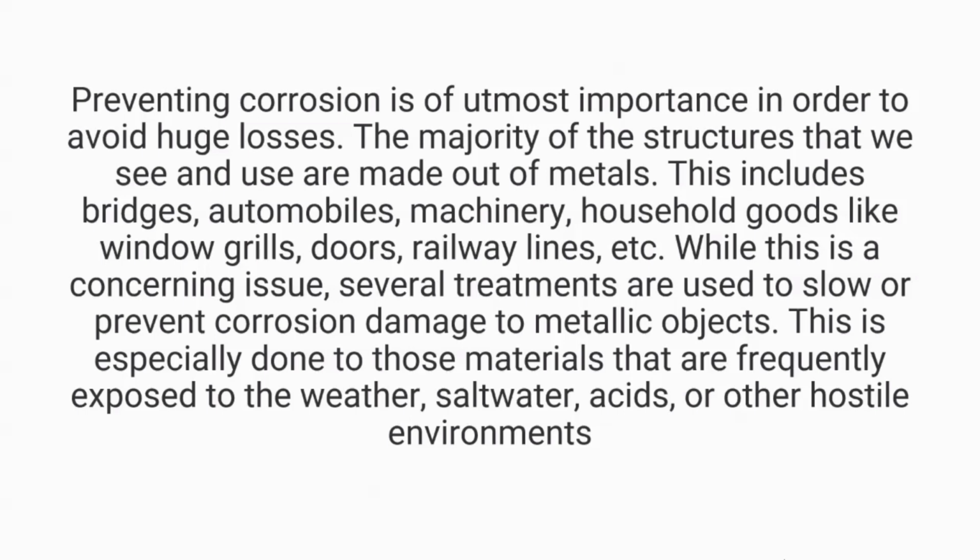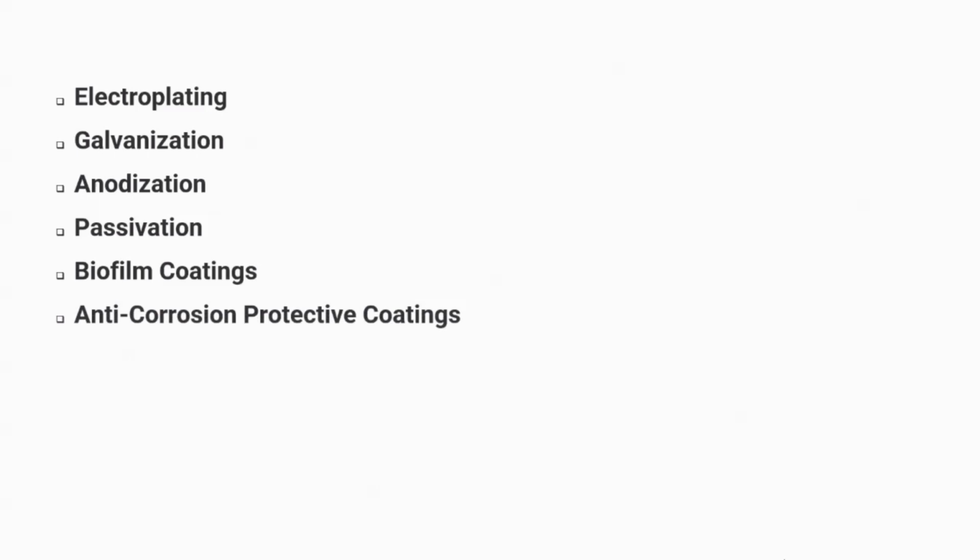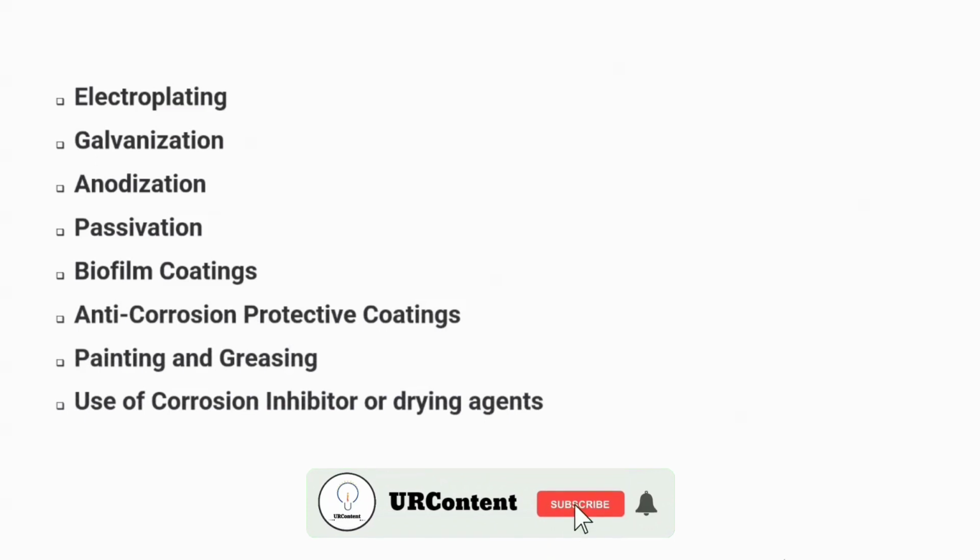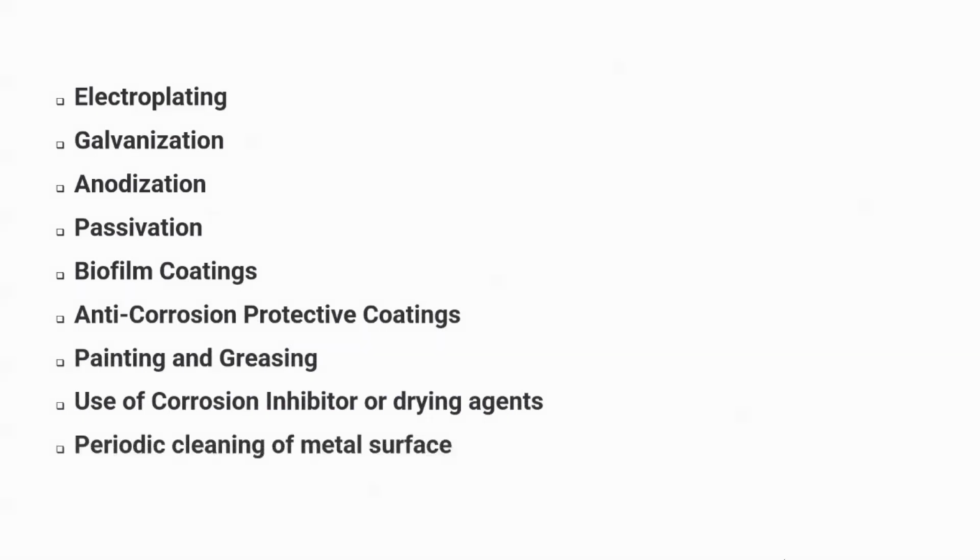This is especially done to those materials that are frequently exposed to the weather, salt water, acids, or other hostile environments. Some of the popular methods to prevent corrosion include electroplating, galvanization, anodization, passivation, biofilm coatings, anti-corrosion protective coatings, painting and greasing, use of corrosion inhibitors or drying agents, and periodic cleaning of the metal surface.